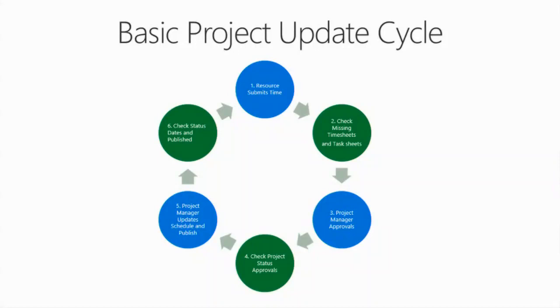So this is one cycle. Resources submit time. Then I'll have some process to look for missing timesheets and task sheets. Then the manager approves. What I try to do is have everybody get their timesheets in by noon.